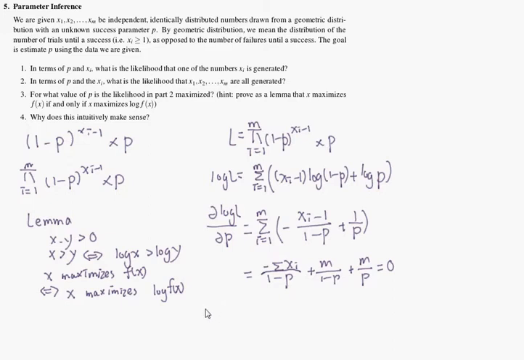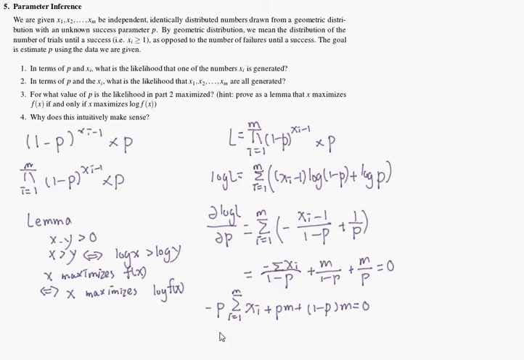So we can rewrite this equation as minus p times the sum from 1 to m of xi plus pm plus (1 - p)m is 0.